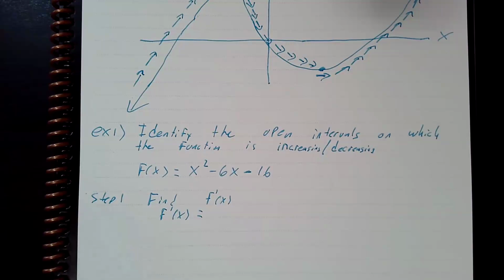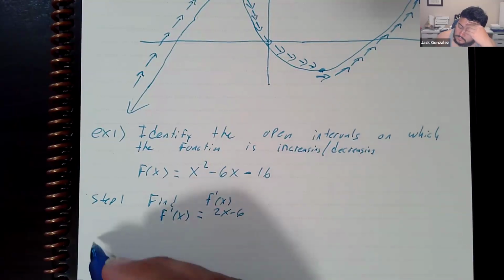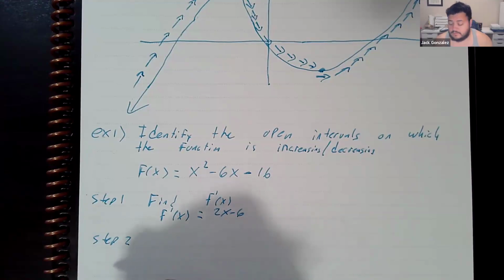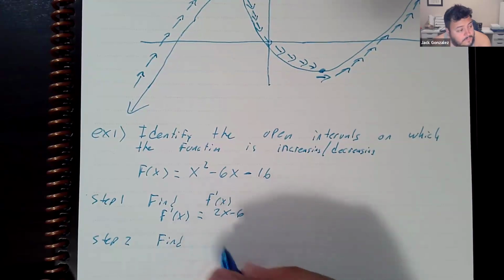Two x minus 6. Yeah, 2x minus 6. No big deal, right? This whole class has been find derivatives. So now we're going to apply it in chapter 4.